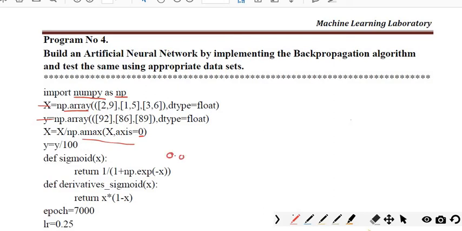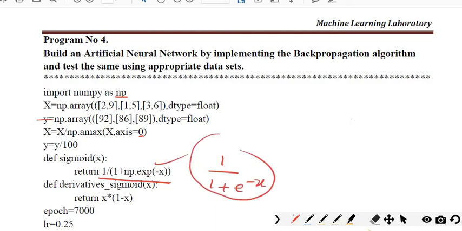That means I'll start from 0.0. Please concentrate on which activation function I am using. I am using the sigmoid function for my example, because I know that if I use the sigmoid function, I'll get a positive value and I may get the correct result. I have already told you the formula of the sigmoid function: 1 divided by 1 plus e raised to -x.